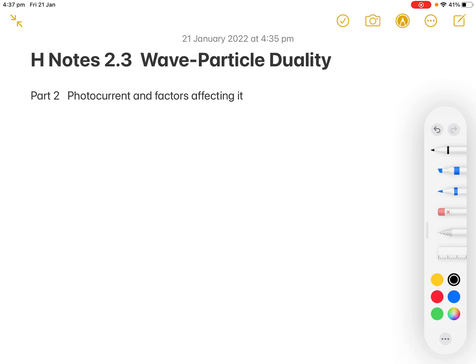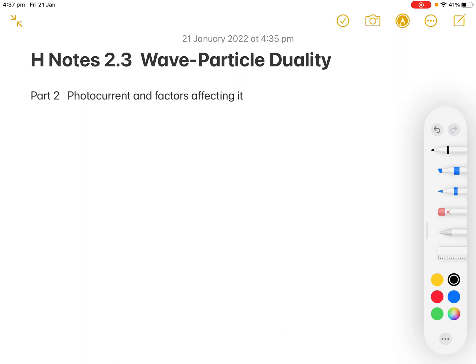And therefore there will be a stream of photoelectrons emitted. And if you have a stream of photoelectrons emitted, you have a photocurrent. So we're now going to investigate how we can measure the photocurrent and look at factors affecting it.